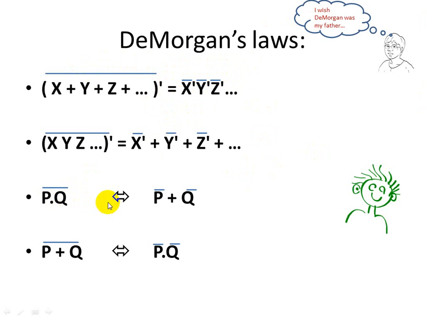So this P and Q inverted is exactly the same as inverted P or inverted Q. And this P or Q inverted is exactly the same as inverted P and inverted Q.